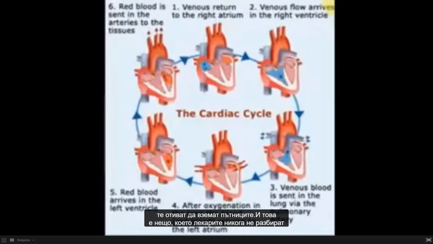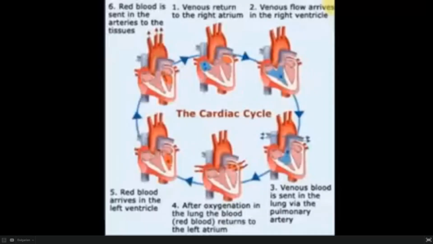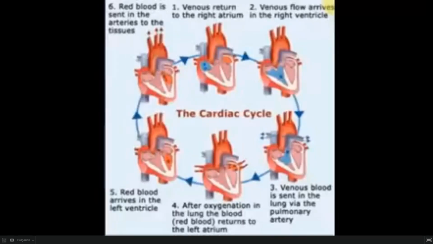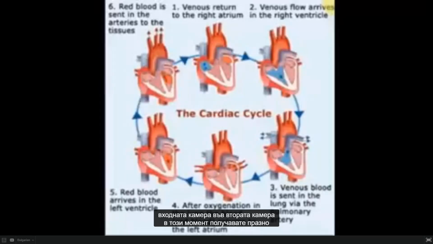And this is something which the doctors never understand. So when the blood leaves the heart, from the entry chamber into the second chamber, at that point you receive a blank. You receive everything empty. It's just like on a roller coaster: at the end, everybody gets out because you have to have empty seats for the next ride to get on.